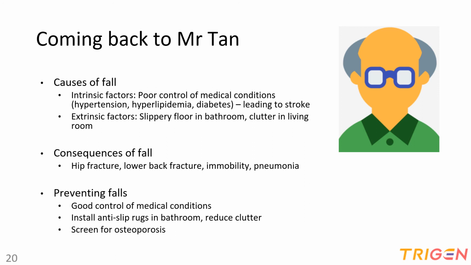His consequences of fall can be divided into both short-term and long-term consequences. He suffered from multiple fractures from both his falls, leading to gradual immobility as well as a pneumonia.